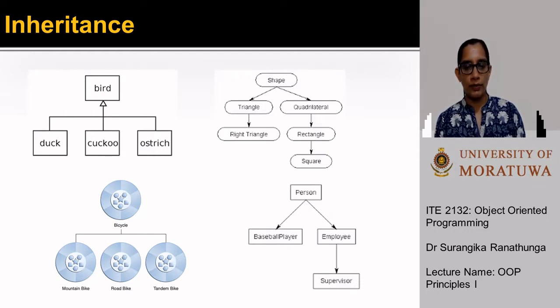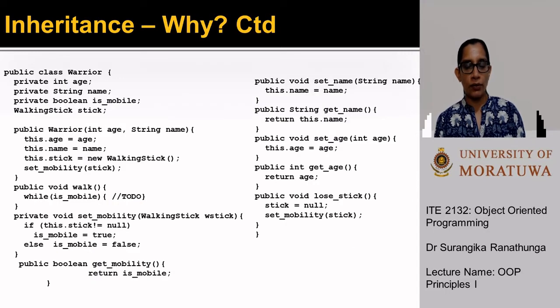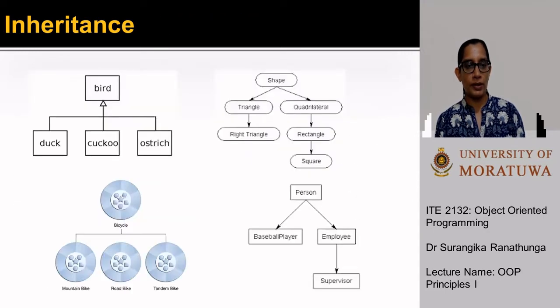Just like the monster and the warrior having some common properties, here also our subclasses have some common properties. The idea of inheritance is we define a superclass that captures the common properties, and then we extend the superclass to the subclasses, which may have some additional properties on top of these common properties. For example, this can-walk thing.